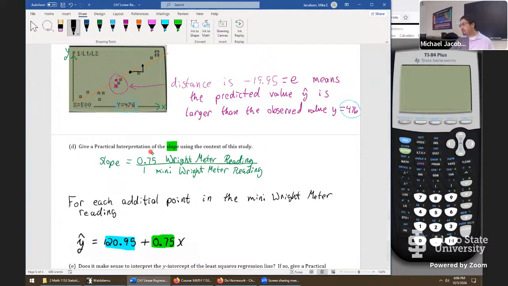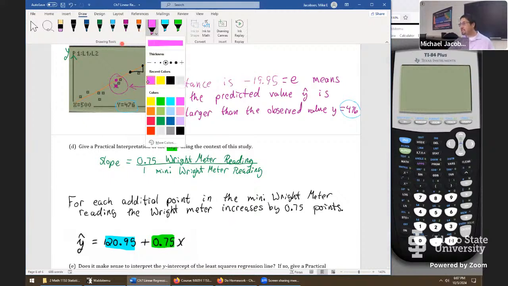So we'll say the right meter increases because we have a positive slope by 0.75 points. So that's what the slope is trying to say. For each point in the mini right meter, you don't go up a full point in the real right meter, just a quarter of a point.